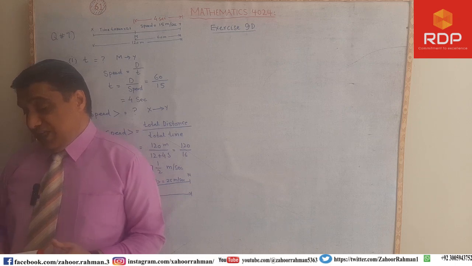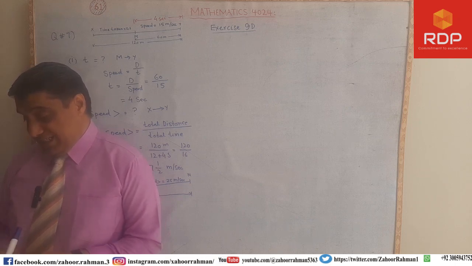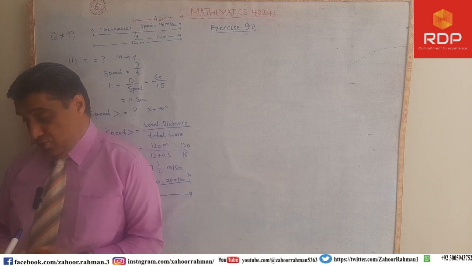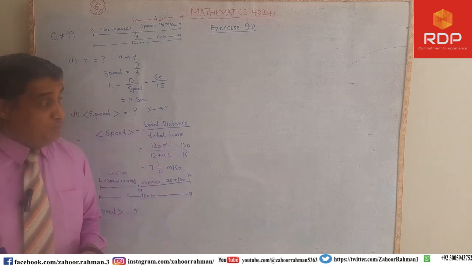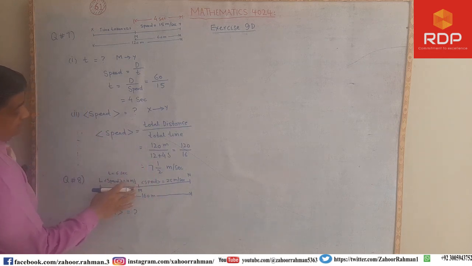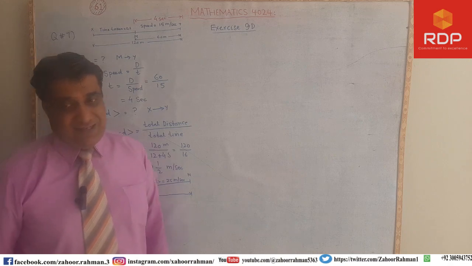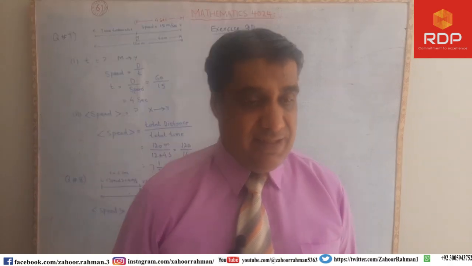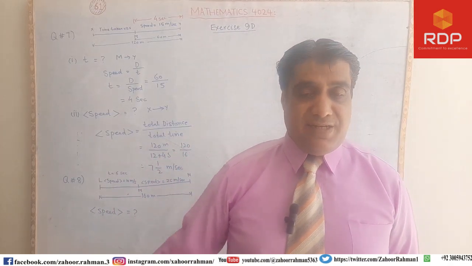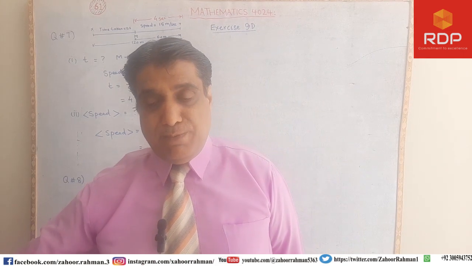First of all, we have to find the distance from L to M, because for speed we need distance. Distance is not given in the book.